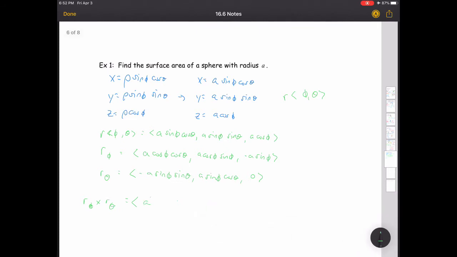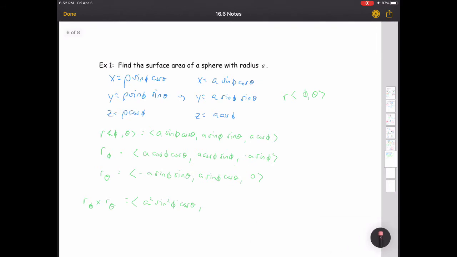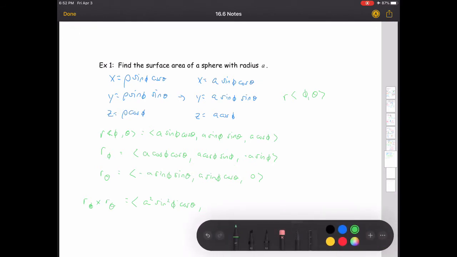So it's positive a squared sine squared phi cosine theta. So again, that was multiplying these two pieces together. First I did those two pieces, then I subtracted multiplying the second two pieces. I'm going to erase those little things in the middle there, but that's where that came from, just because I couldn't show it to you here.